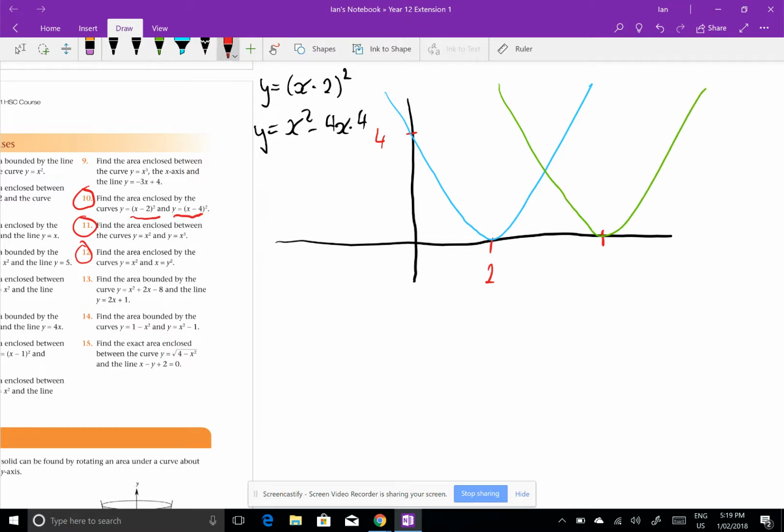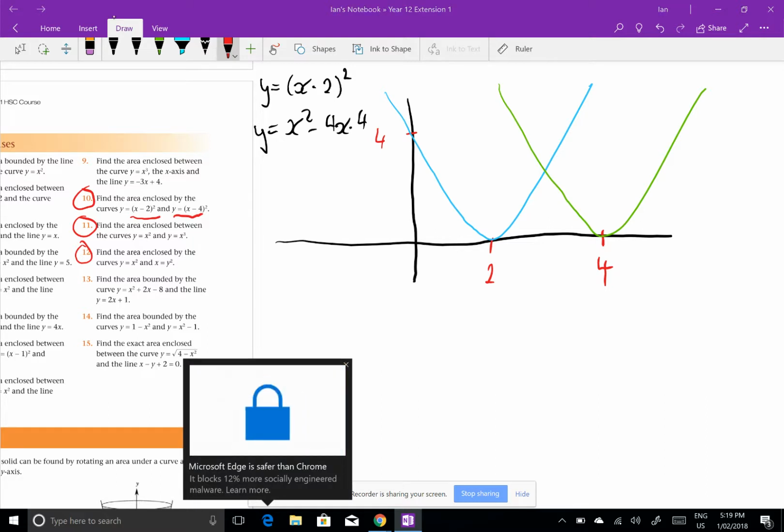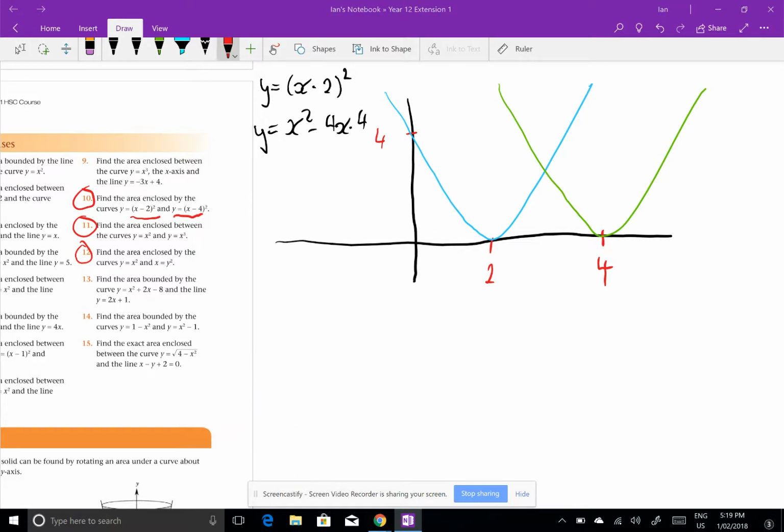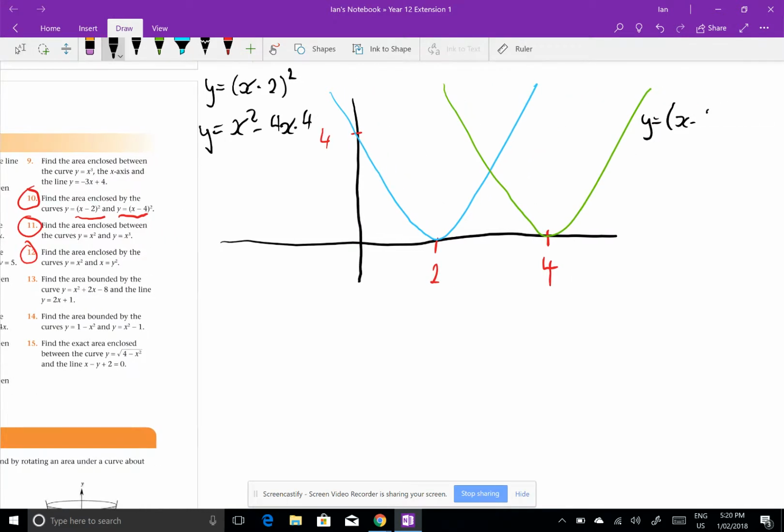It's got the same gradient as the other parabola. So this one over here is y equals x minus 4 all squared.